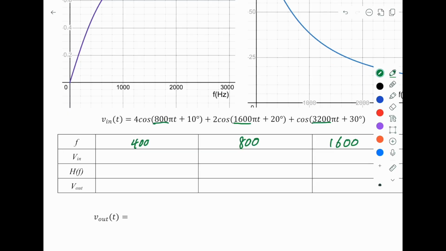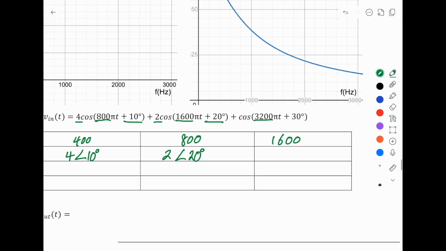Now we write the phasor of the input signal for each component, or each frequency. So for 400, the amplitude is 4 and the phase angle is positive 10 degrees. Second term, 2, and the phase angle is positive 20 degrees. The last term, the amplitude is 1, the phase angle positive 30 degrees.